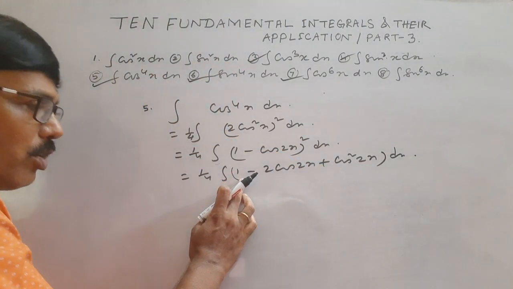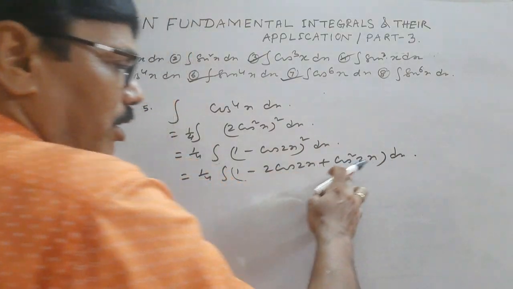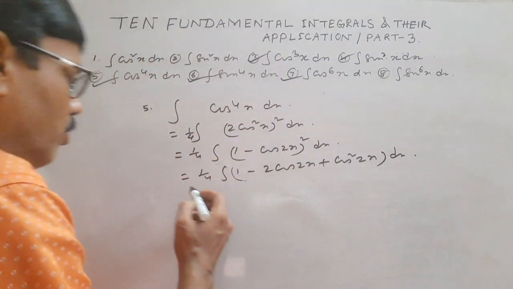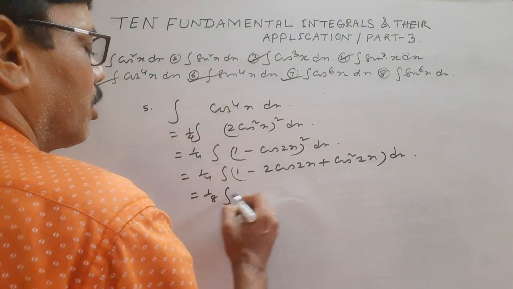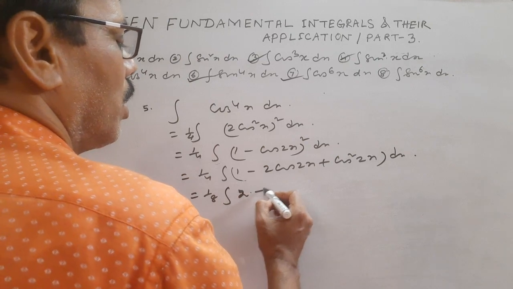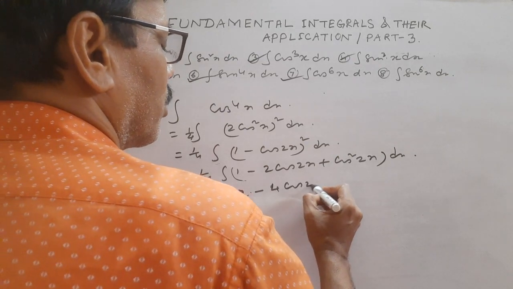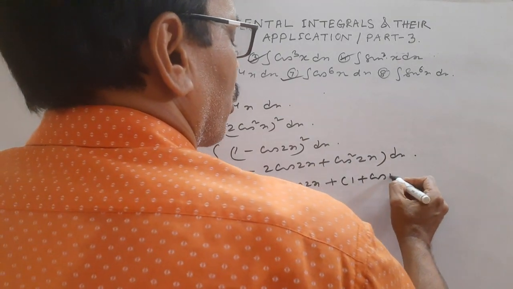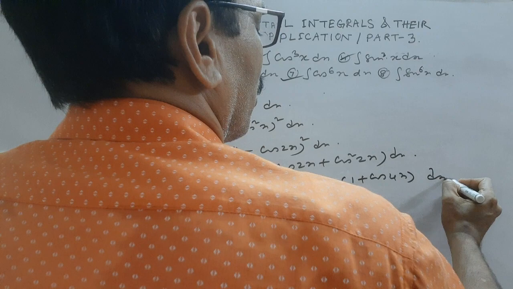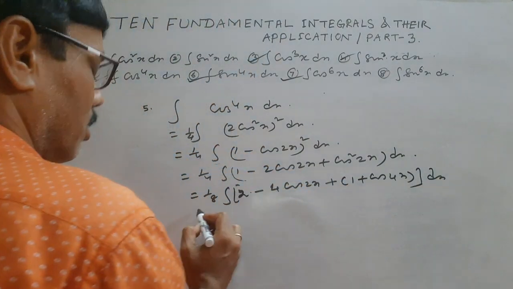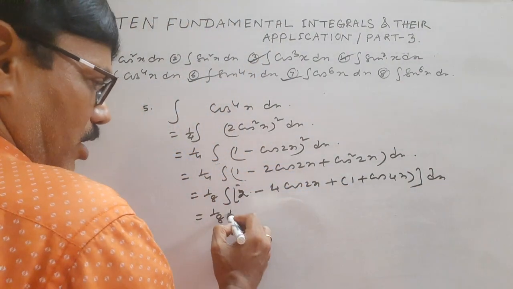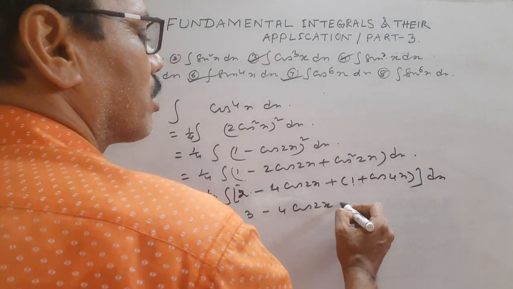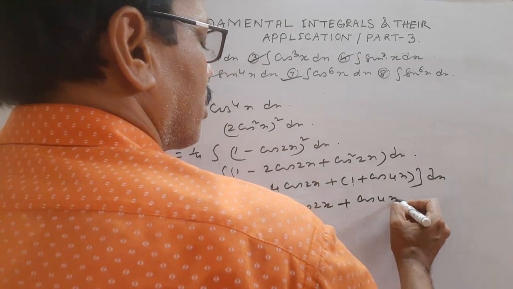Now you know integration of this, but cos square 2x is not known. So use the same technique. 1 by 8, 1, this is 2 plus 4 cos 2x plus 2 cos square 2x, omitting one step, 1 plus cos 4x. So total bracket dx. Now 1 by 8, 2 plus 1, this is 3, plus 4 cos 2x plus cos 4x.